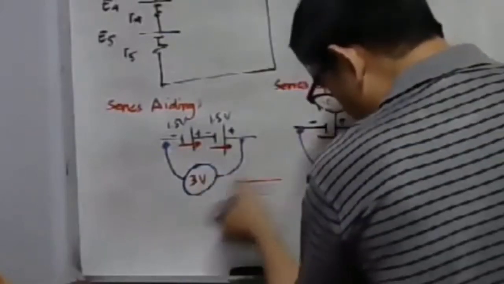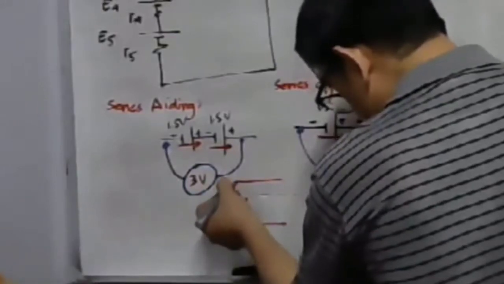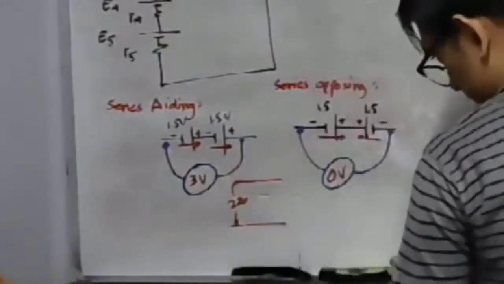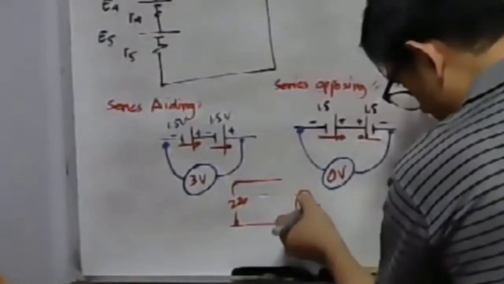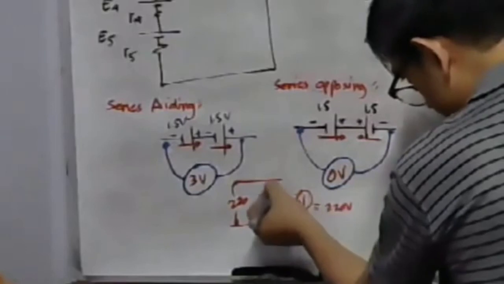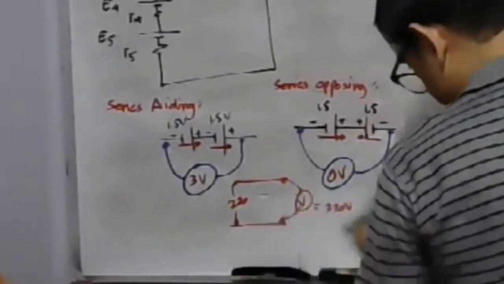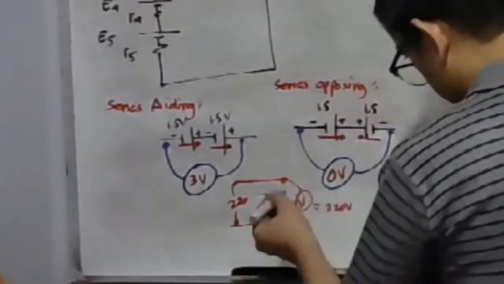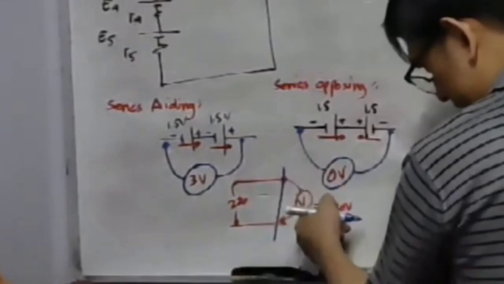If you have line 1 and line 2, 220 volts at home, and you have a voltmeter here, of course our voltmeter will read 220 volts. But if you short these two terminals, what will happen to this voltage?